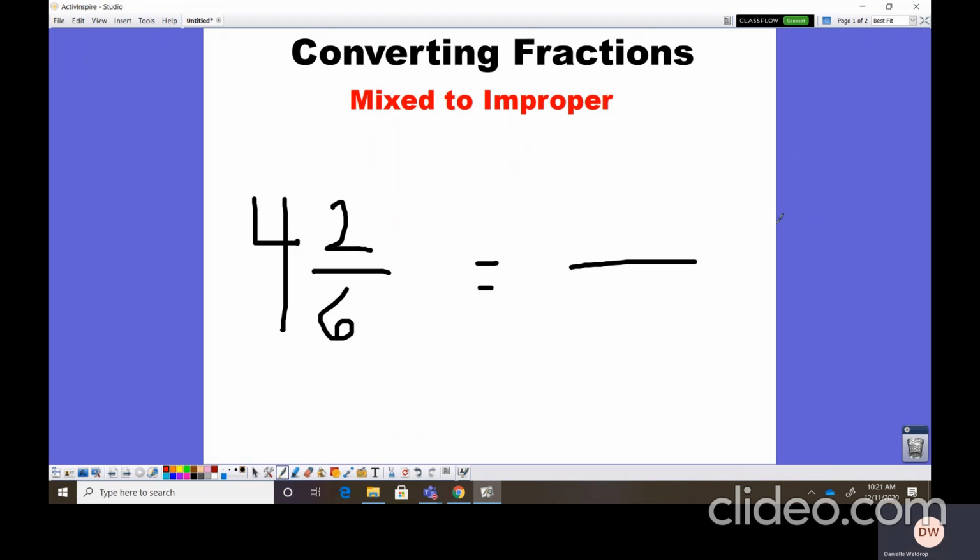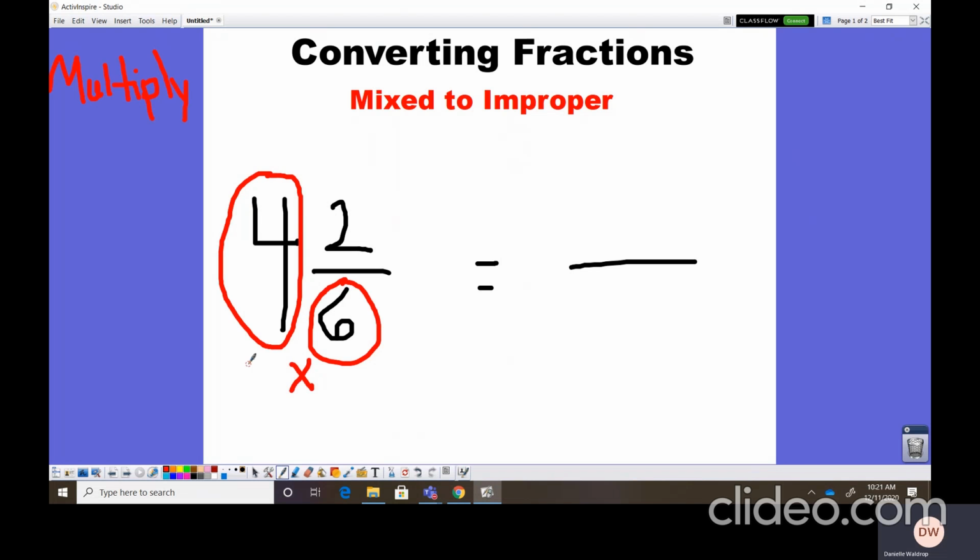Your first step, remember, is to multiply. We take the whole number by the denominator, and we multiply. So we're going to work around our circle. What is 4 times 6?